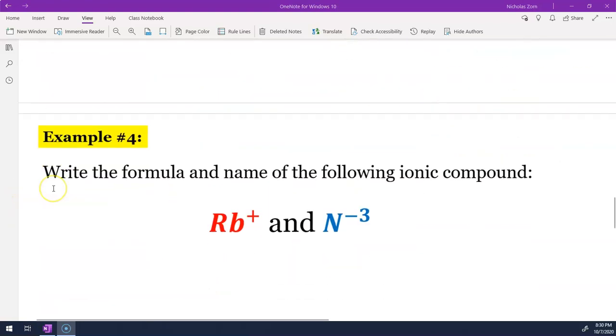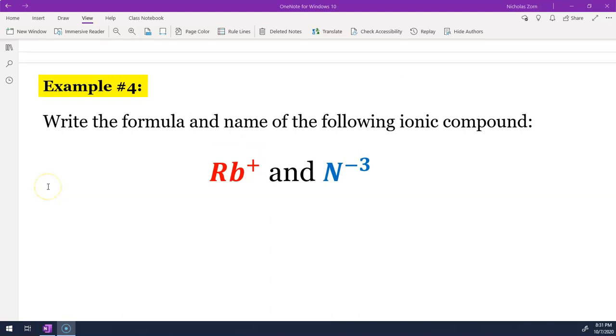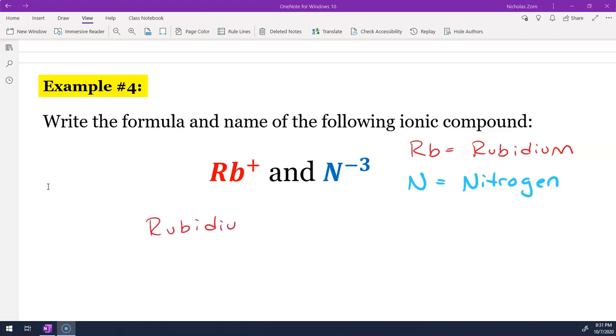All right, we have two more examples here. It says write the formula and the name for the following ionic compound. Rb is rubidium. N is nitrogen. So first goes the cation, rubidium. Now nitrogen is very similar to oxygen.